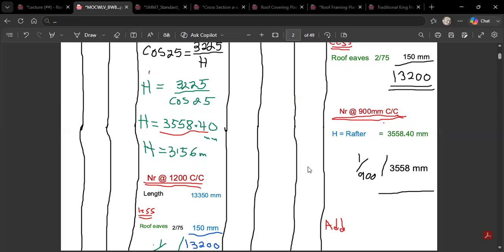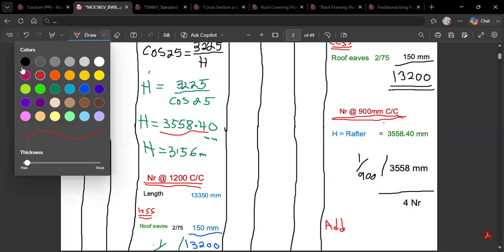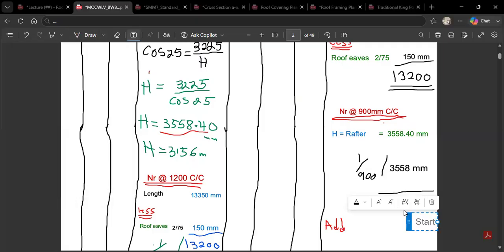So we are adding 1 for wastage. So this is it, 1. If we add 1, what are we going to get now? We are going to get 5.